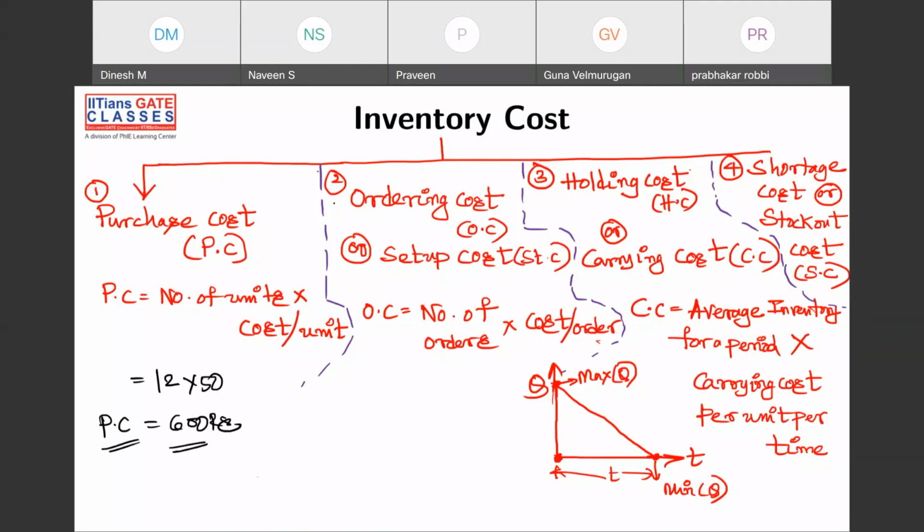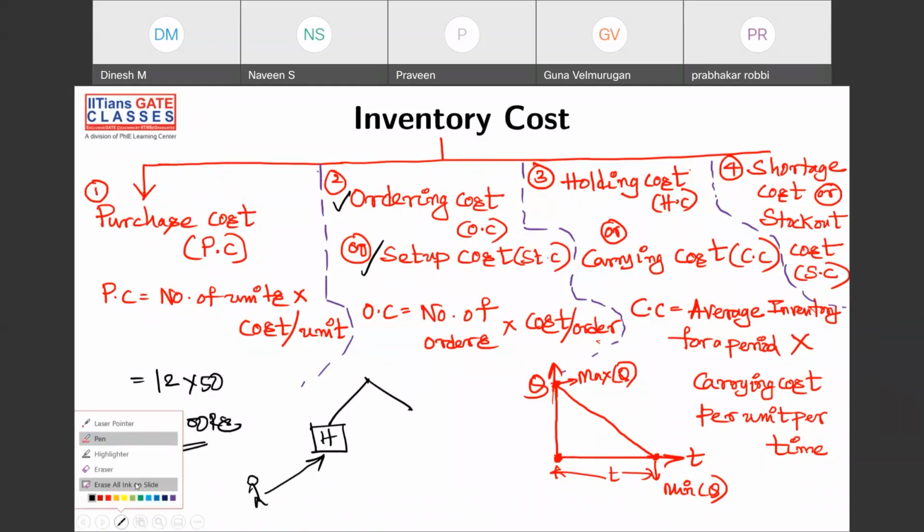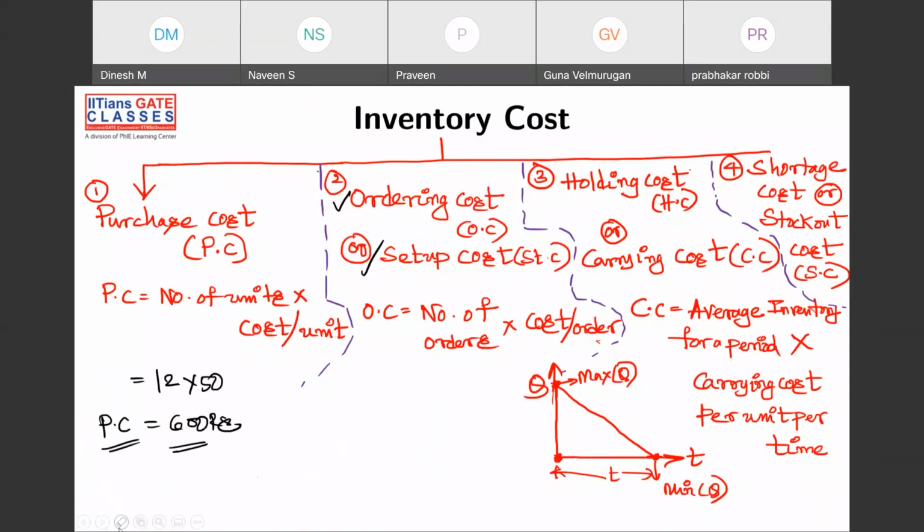Ordering or setup cost. What is ordering or setup cost? Let us assume two scenarios. One is you are going from your home and buying it. This is your home, this is your grocery store, and this is some Amazon warehouse, let's say.